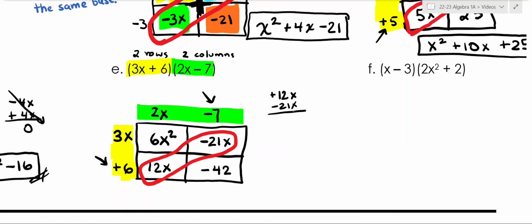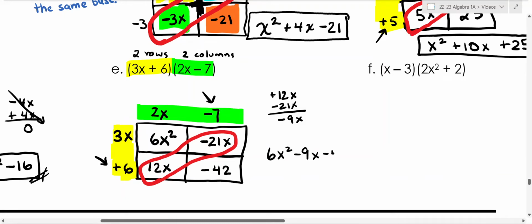So what's that? 12 and 21, negative 9? Let me pause. Okay, so yes, it's going to give us negative 9x. And so combining your like terms, it's going to be 6x squared minus 9x minus 42.